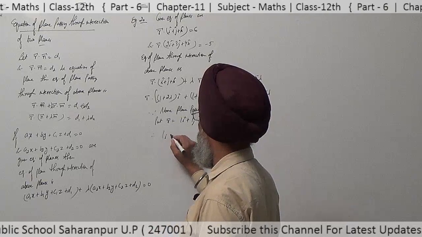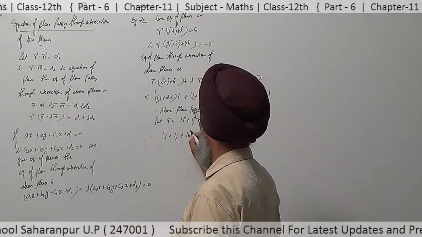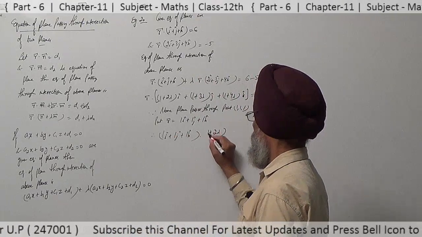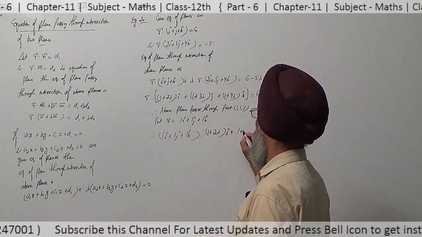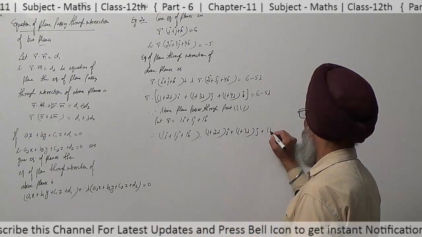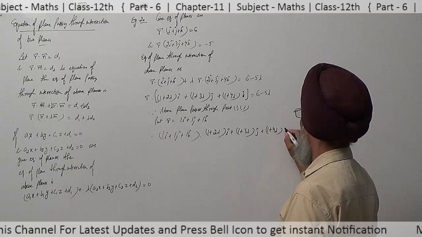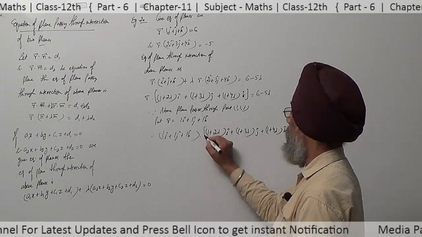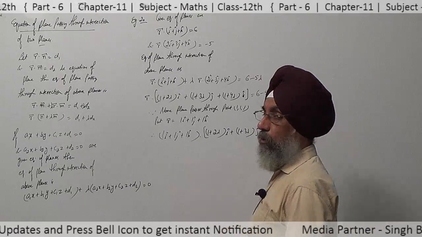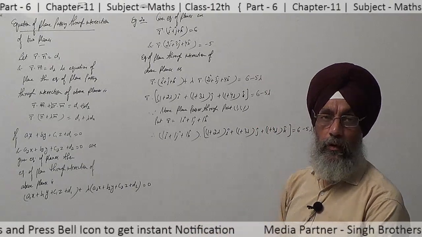Therefore, (1i, 1j, 1k) dot product with ((1 plus 2 lambda) i cap, (1 plus 3 lambda) j cap, (1 plus 4 lambda) k cap) is equal to 6 minus 5 lambda.